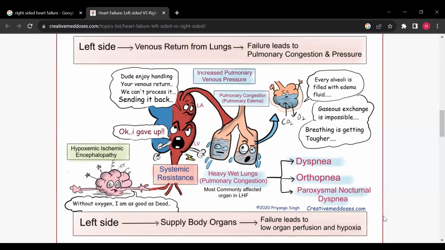At the end of the day, it's damage to your body organs, as well as pulmonary symptoms, because all that blood is just staying in your lungs, causing edema, increasing pressure, breathing difficulties. One more thing over here, you'll see a pink frothy sputum. That is one of the clinical manifestations of left-sided heart failure.